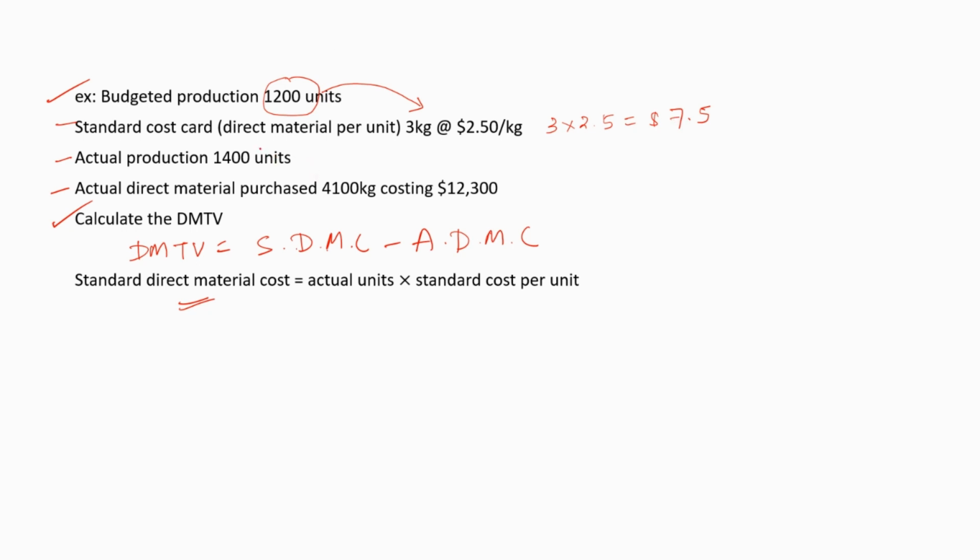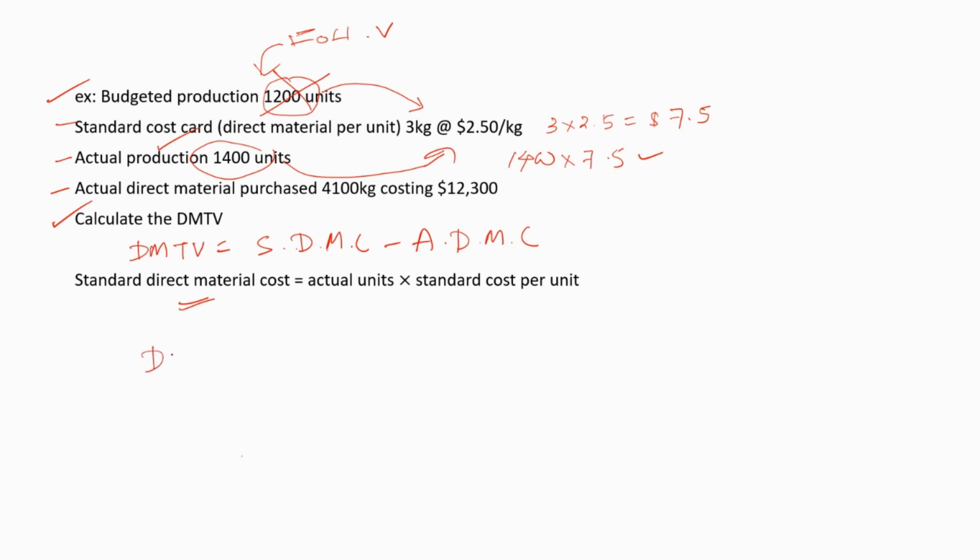We need to multiply the actual production units by the direct material cost per unit, which means 1400 by 7.5. This is the standard direct material cost. Another important thing to note is that only for the fixed overhead variance do we consider the budgeted production value. For all the other variance calculations, we do not consider the budgeted production value. We consider the actual production value.